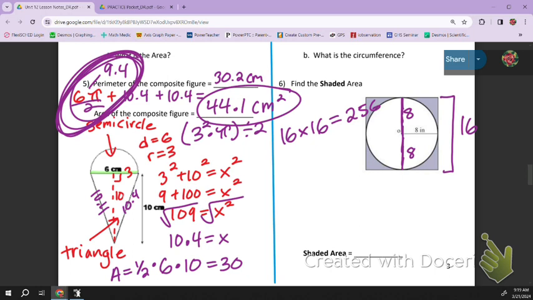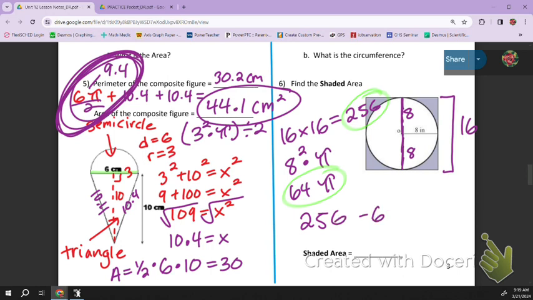How are we going to find the area of the circle now? 8 squared times pi, so 64 pi. So this is the square, this is the circle. How do I find the shaded area? Subtract 256 minus 64 pi. Let's see, can your calculator handle that?